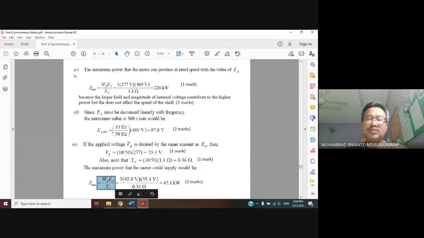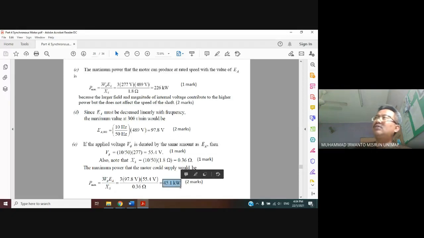So the phase voltage at 300 is 55.4, internal generated voltage 97.8, and synchronous reactance on the 300 RPM is 0.36. So we obtain the maximum power for the synchronous motor operating at rotor speed 300 RPM is 45.1 kilowatt.